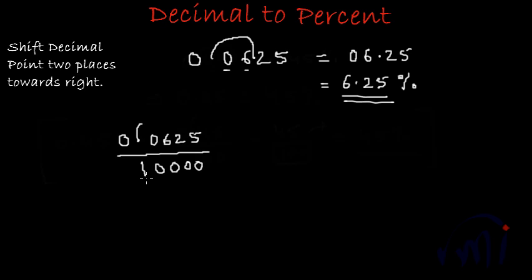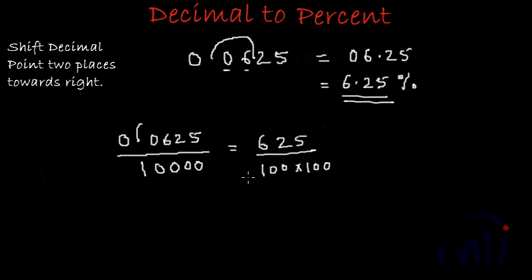In place of this decimal, I'll put a 1 in the denominator, and that will be followed by a number of zeros equal to the number of digits after the decimal. Here after the decimal we have 4 digits, so I have written 4 zeros after this 1. So this will become 625 divided by 10,000, and 10,000 can be written as 100 multiplied by 100, right?